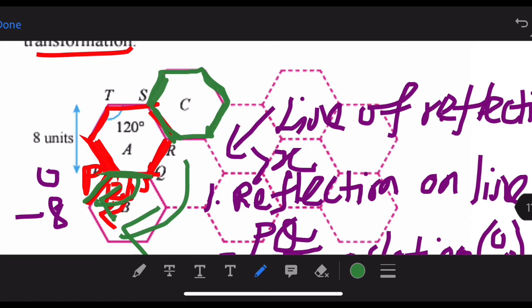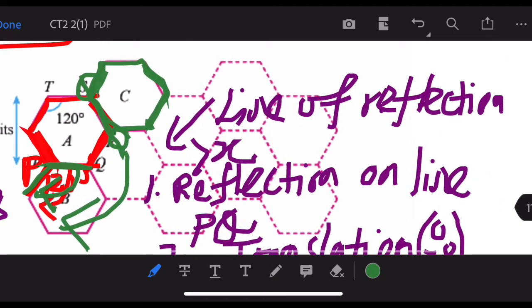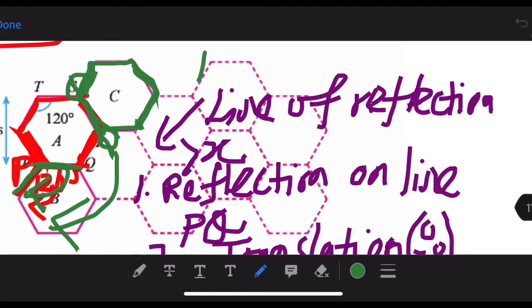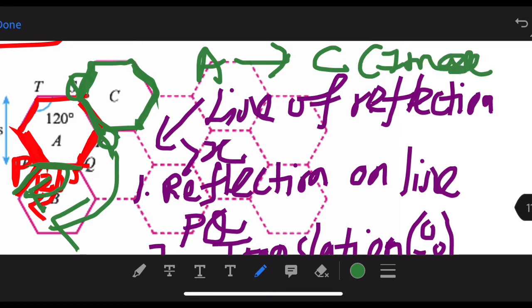So if we refract, this is the line of refraction SR. For the answer for A to C, A is the object, C is the image. Let's say we want to transform object A to object C.